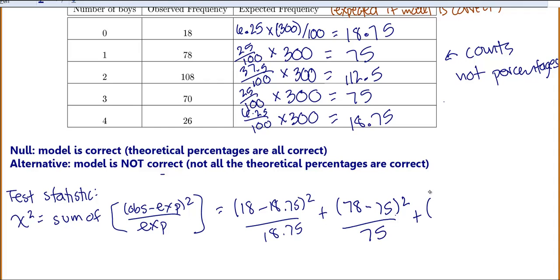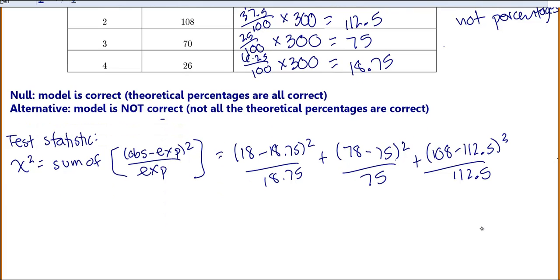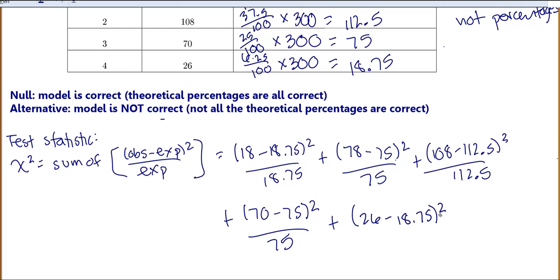Plus my next one is 108 with the expected of 112.5, so 108 minus 112.5 squared over 112.5. We need to come down here to our next row. Plus my next observed is 70 minus this expected of 75 squared over 75, plus our next one of 26 minus 18.75 squared over 18.75. And this gives me 3.46. So that is my test statistic.